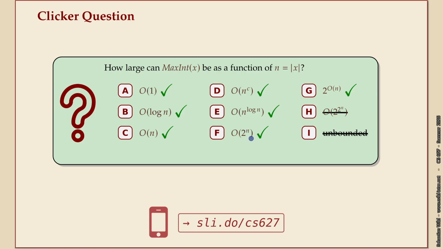Now I can do slightly bigger because in general my input alphabet isn't restricted to binary, and so I can effectively achieve, since the constant in the exponent just transforms the basis to a different constant, essentially c to the n for any constant c. And by using a larger alphabet, I can achieve that.